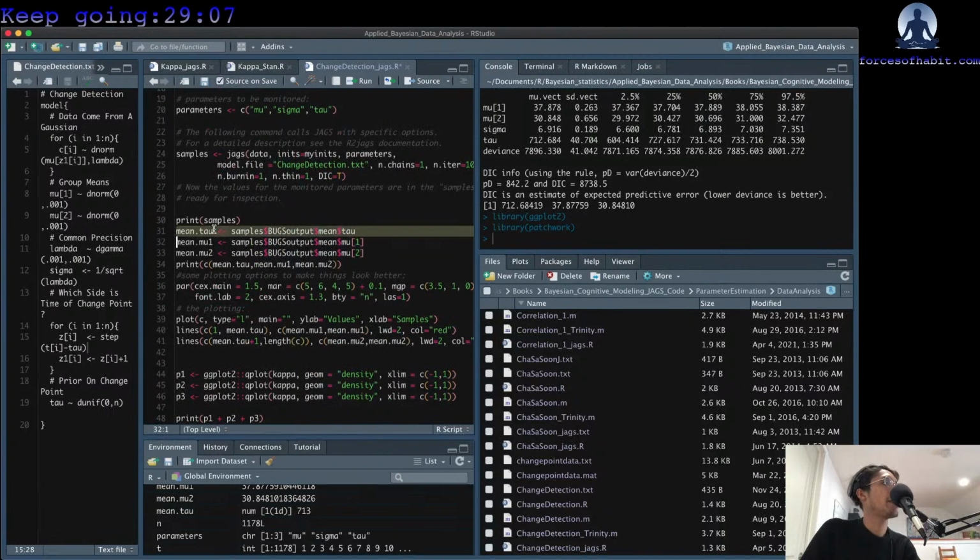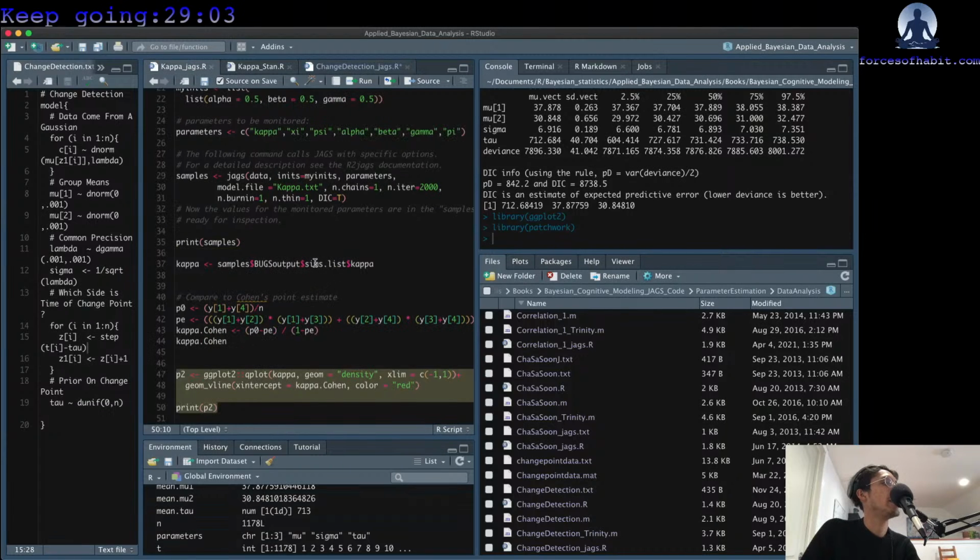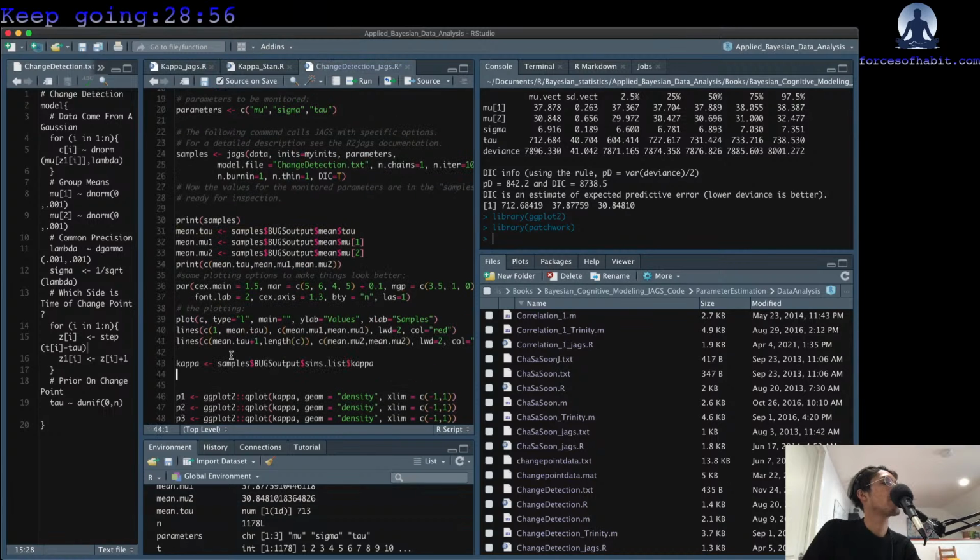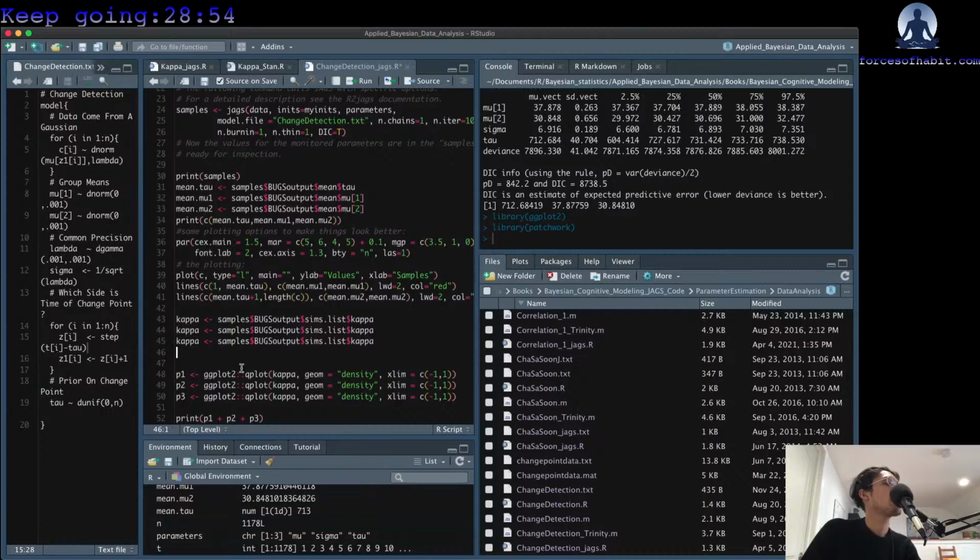And then I need the sims output, right? And I need the output for tau. I need the output for mu1.